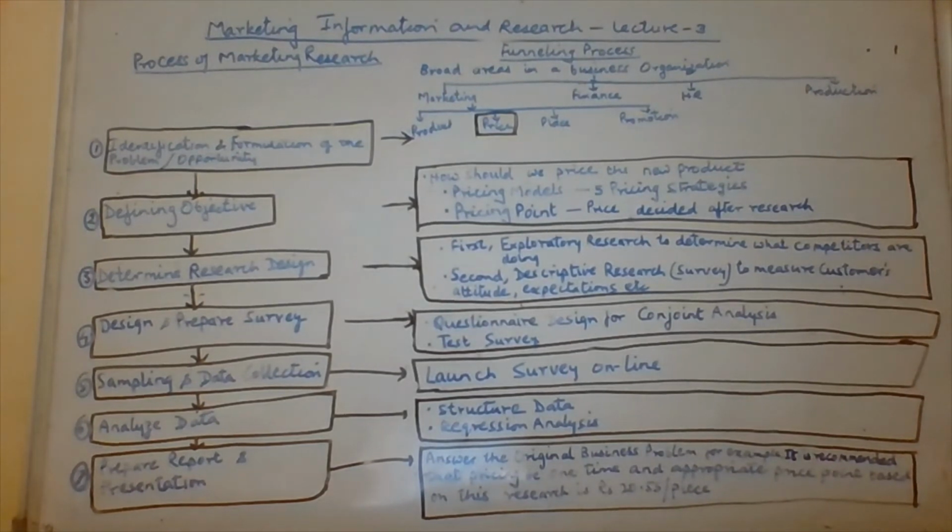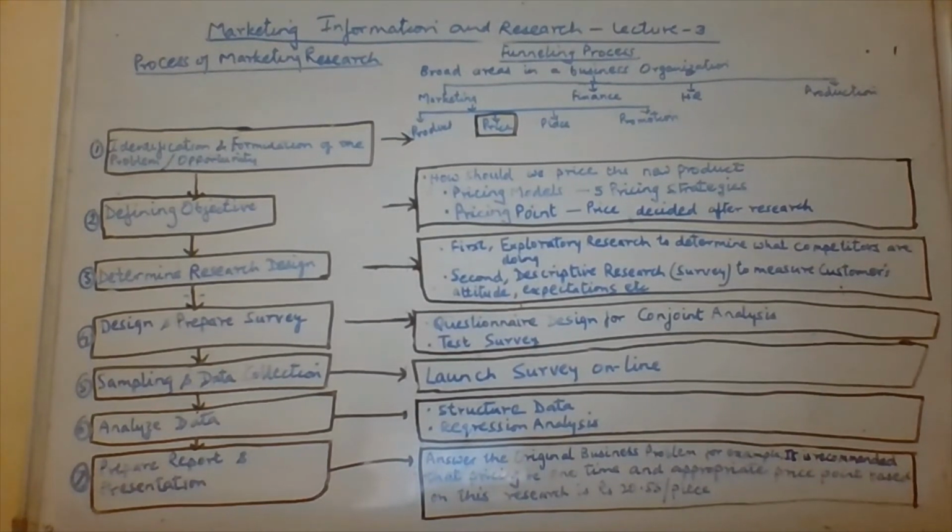And the second aspect is the pricing point, that is, the price decided after research. So the objective is how do we arrive at a certain price which the customer is able to pay or will pay for my products.